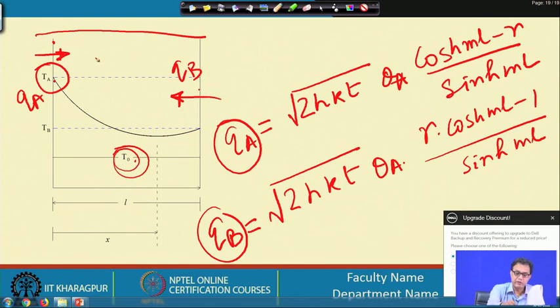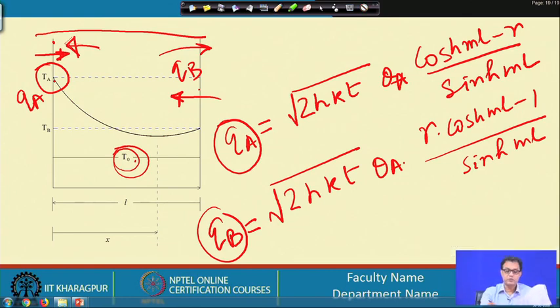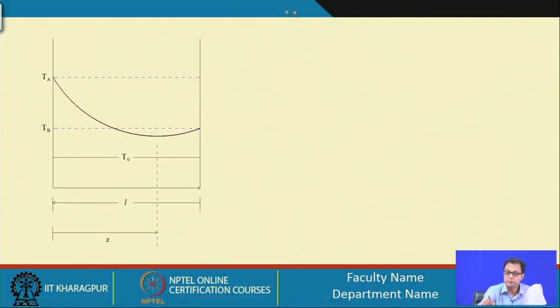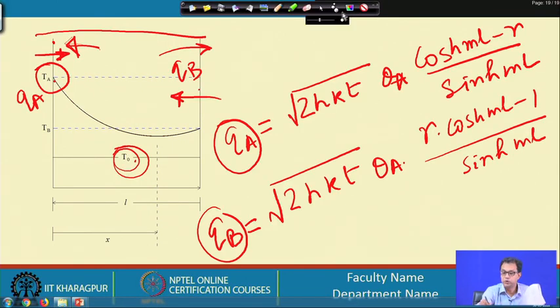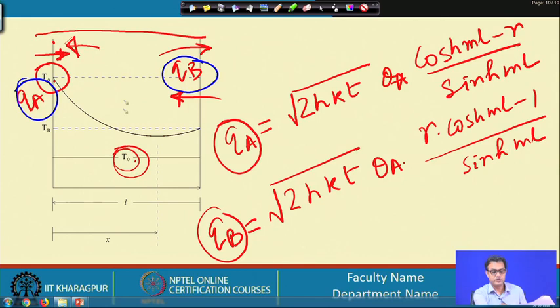In that case, the heat will be getting transferred from the fluid to the wall. We need not worry about that, because once we frame the equations, it will be automatically taken into account. This q b or q a will automatically take into account this temperature.